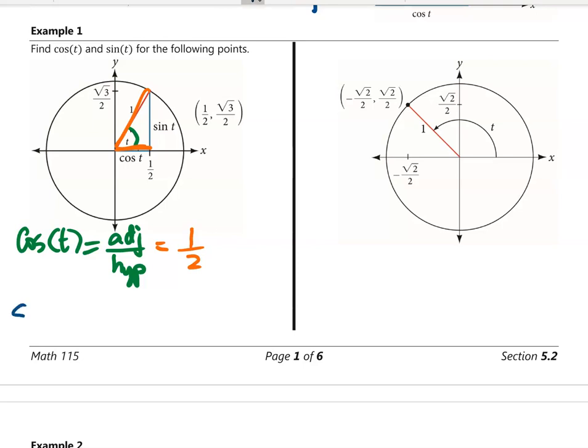Next is sine of t. We know that it is opposite over hypotenuse, so the opposite is this, and the length of this is square root of 3 over 2 over hypotenuse 1, so sine of t is square root of 3 over 2.